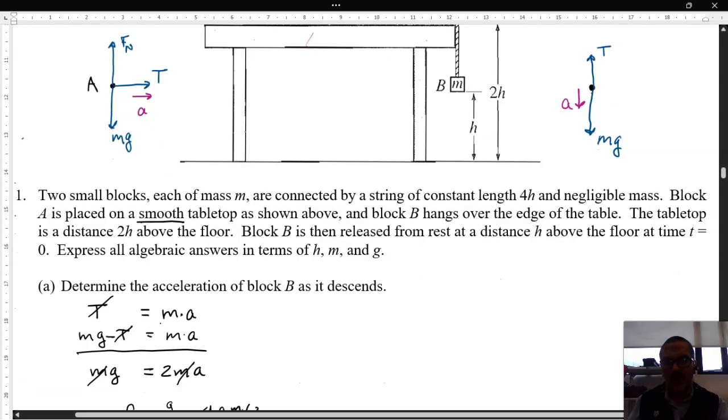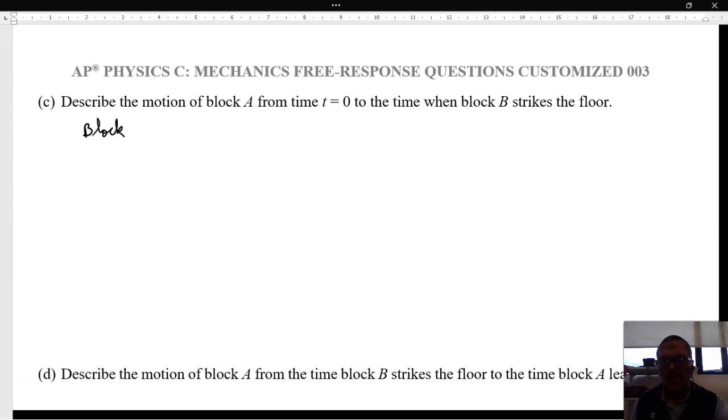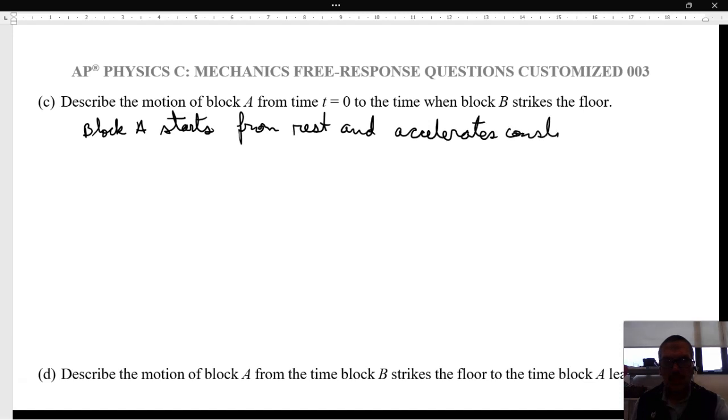Therefore, all you have to say here is that block A starts from rest and accelerates constantly, and that will be enough.